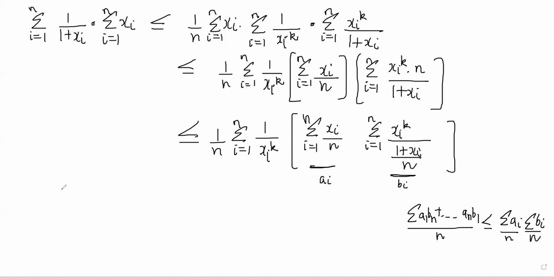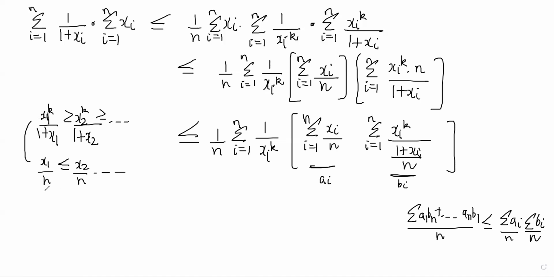So what we can say is, because we already know that x1 power k by 1 plus x1 is greater than x2 power k by 1 plus x2 and so on, and we also know that x1 by n is less than or equal to x2 by n and so on, we can say that the reverse order product of this, right?